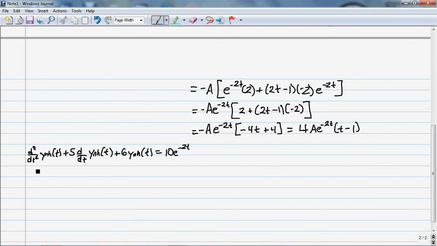We know what our second order derivative is here, so we can put this in. Oh, I forgot my 4 there.